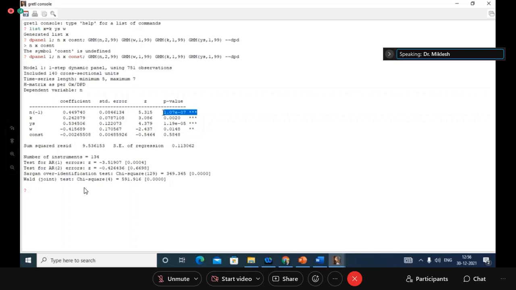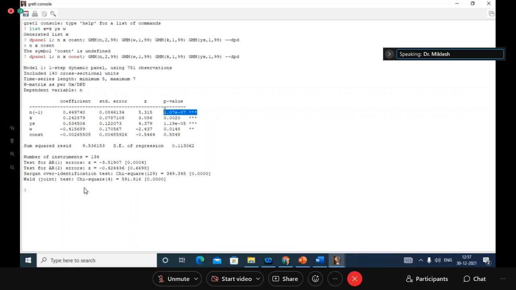Then how can you say that today's, or this year's, data depends on last year? If it is significant, only then you can say. This is the justification. Try to understand. Again, I'm repeating. If n minus 1, the last year of the dependent variable, is not significant, how can you say that the current year is dependent on last year?